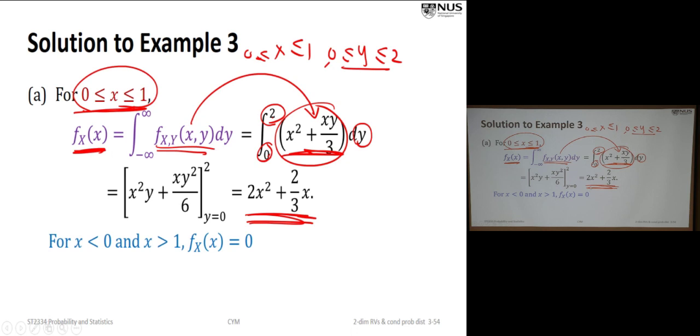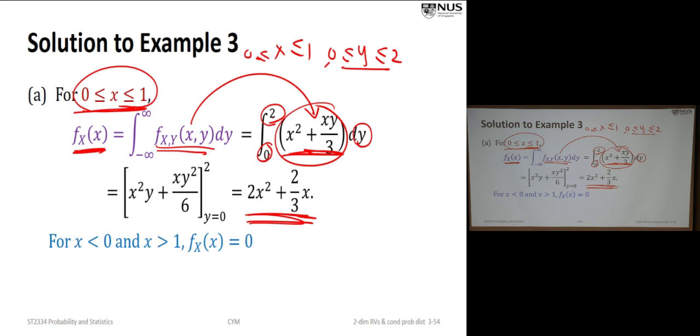So I believe it's better for you to write down the PDF over the whole real line. Just to remind you, the PDF equals this expression only where x is between 0 and 1. It's not valid outside; in fact, it is 0 outside that range.